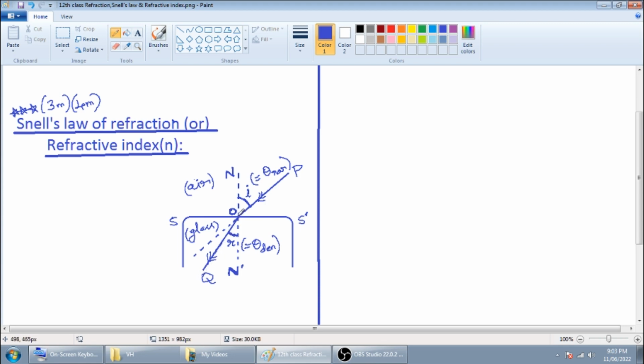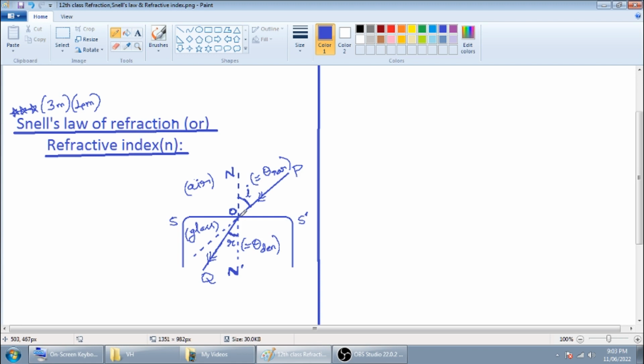Now this bending is found to occur exactly at the point O. Point O is also called the point separating the two media, because above the point O we have the air medium, below the point O we have the glass medium. At this point separating the two media, it is found that bending occurs.